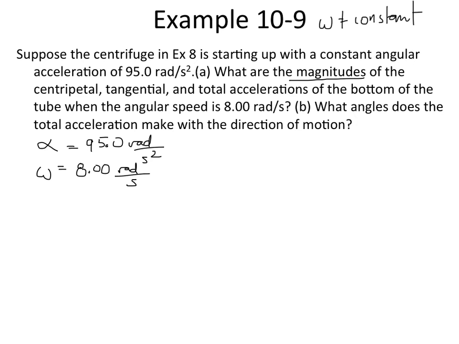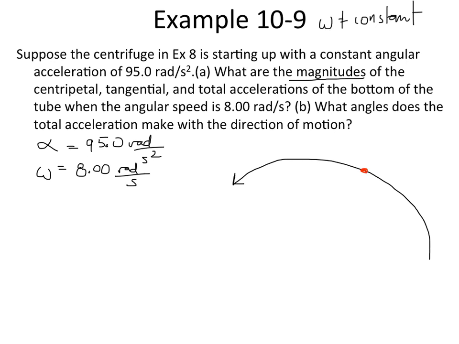Okay, so this is curving around like that. We're just going to pretend, I'm going to make a little red dot right here. Imagine that being like a blood cell at the very bottom of the tube. Again, this is kind of an extension of the previous problem, but it's at the very bottom of the tube. So that radius is going to be the same radius as it was before.